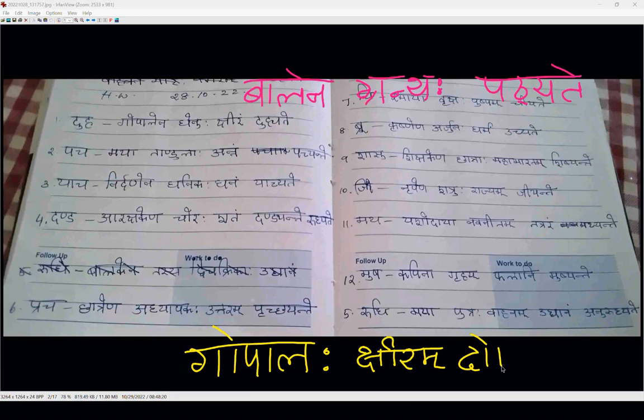So why are you not saying dhenum dogdhi? Why kshiram dogdhi? Why are you removing dhenu? Because kshiram is the main. Kshiram is the pradhana karmapadam, the main karmapadam, and dhenu we are saying is gauna karmapadam. Why are you saying it is gauna?